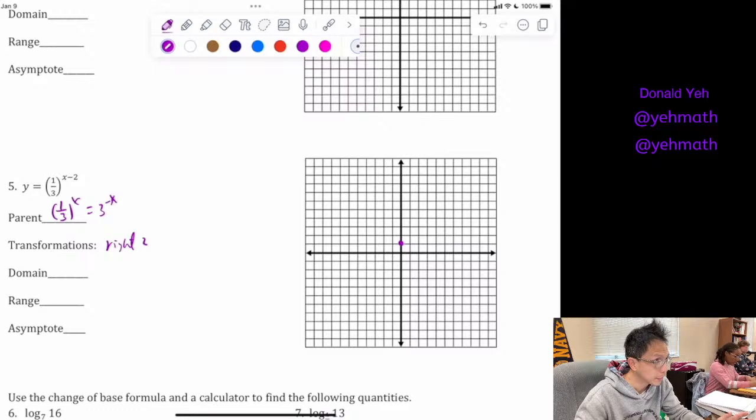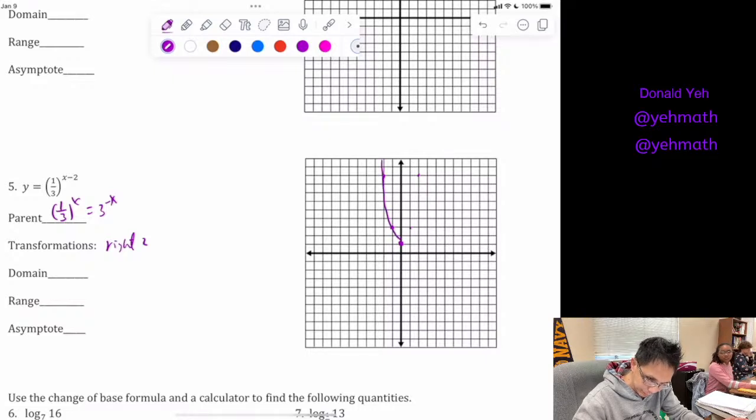We talk about anchor points all the time. It used to be 3 here and 9 here, but now it's going to be here and here, and there's going to be an asymptote here.